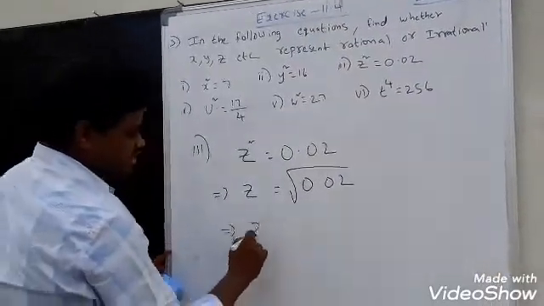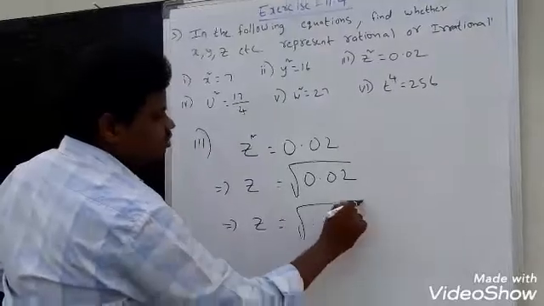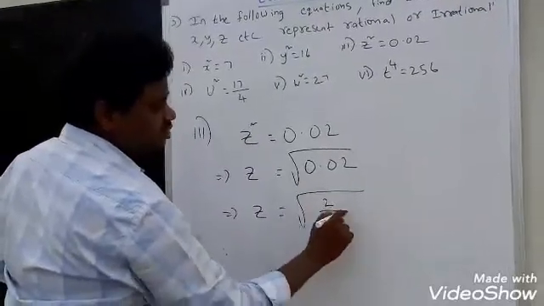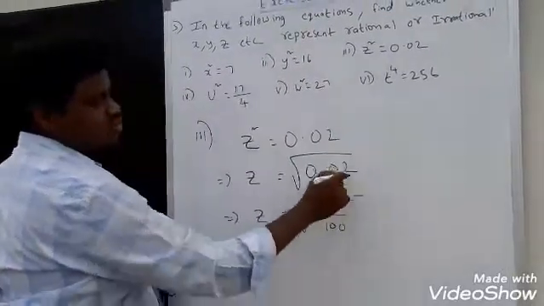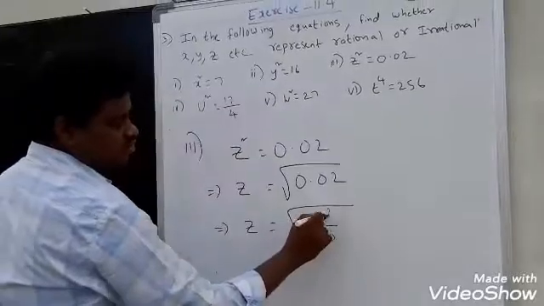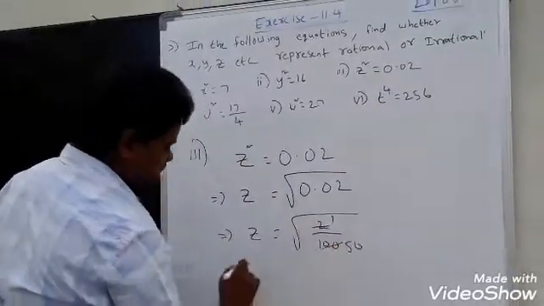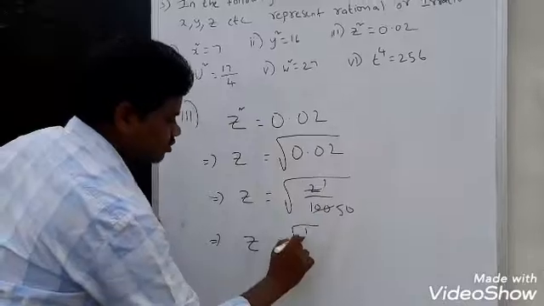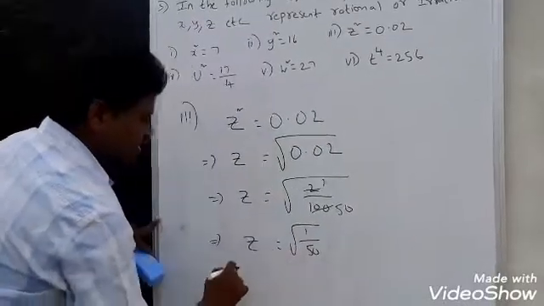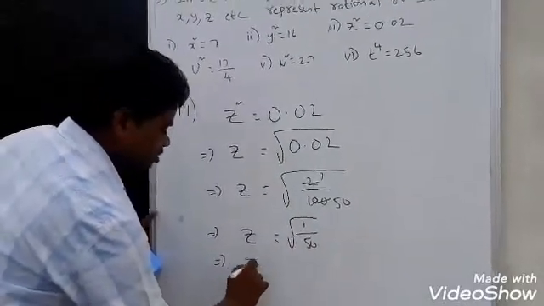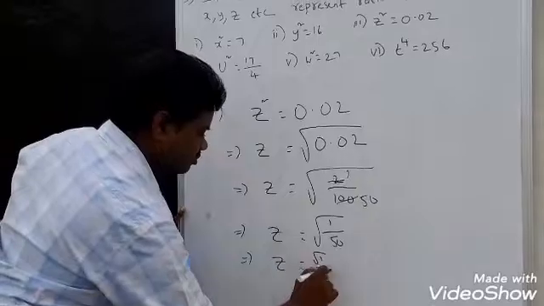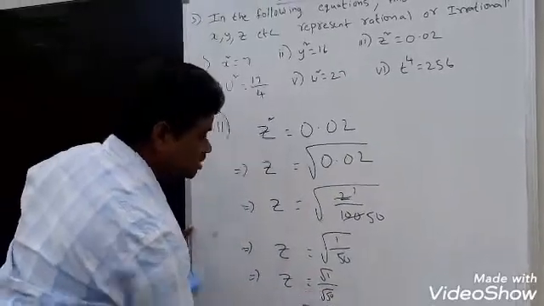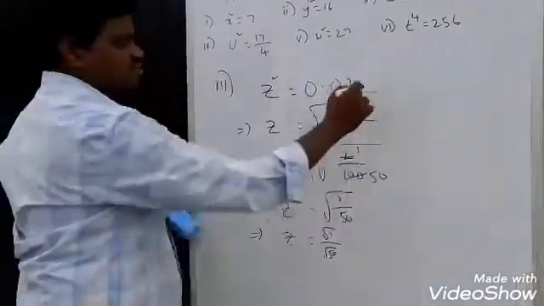If you remove the decimal, you get 2 by 100, which is 1 by 50. That implies z is equal to root of 1 by 50, which you can write as root 1 by root 50.